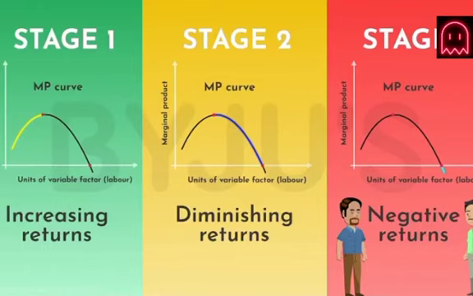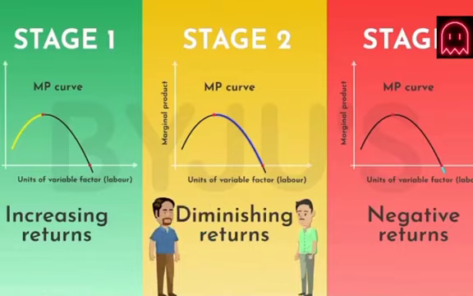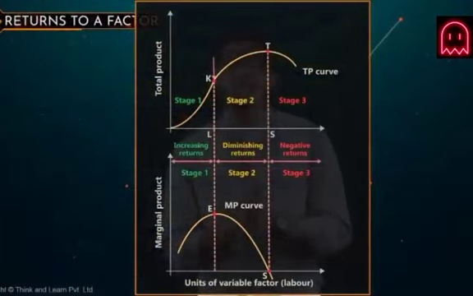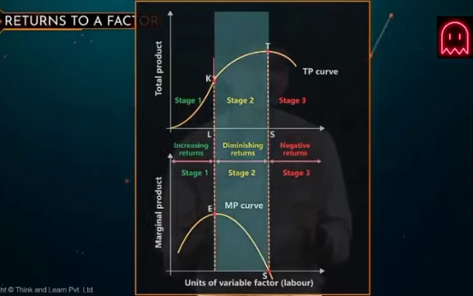And this brings us to the conclusion that a producer will produce only in stage 2 and stop ideally at its end where MP becomes equal to 0. Technically, this means that a producer will find his equilibrium where he maximizes his profits only in stage 2 of production when MP is declining but is still positive.